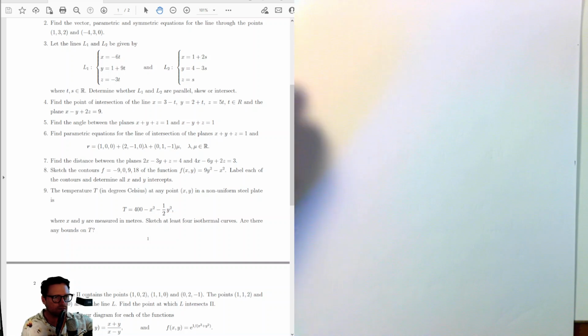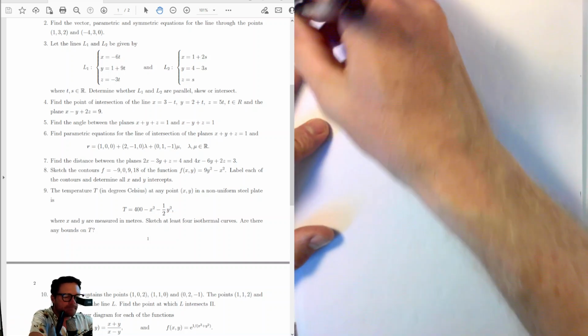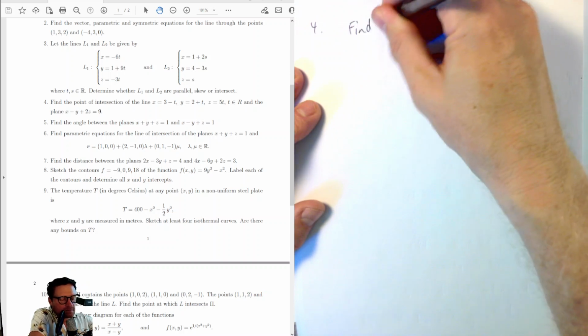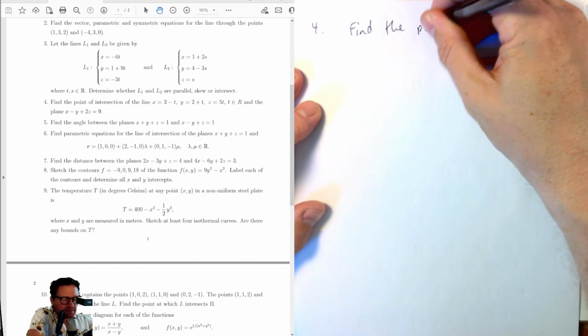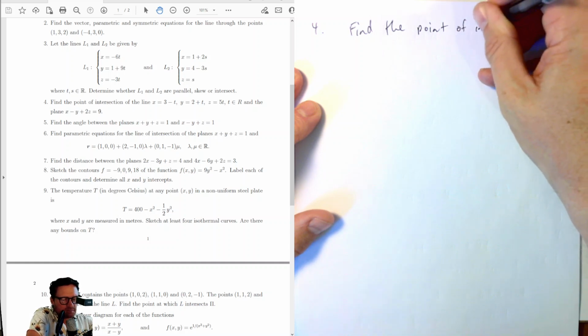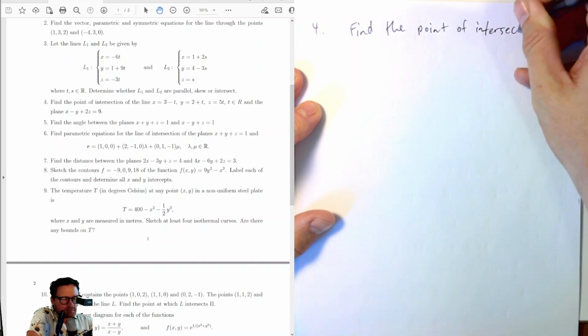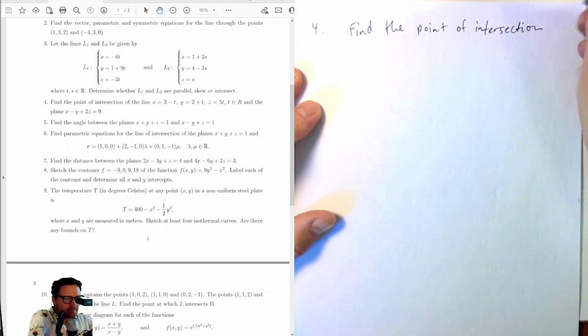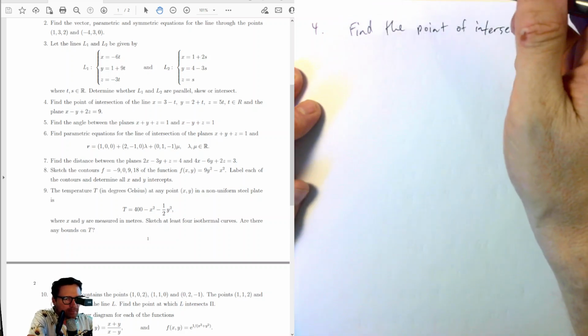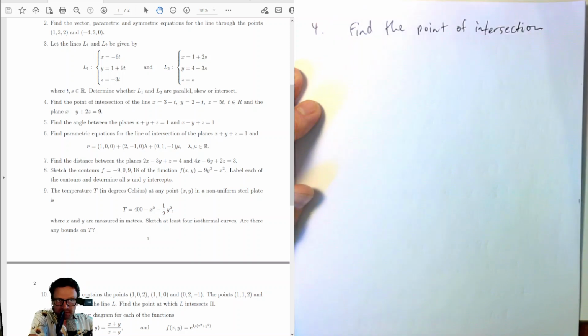Okay, let's have a look at question 4. Find the point of intersection of the line and a plane.